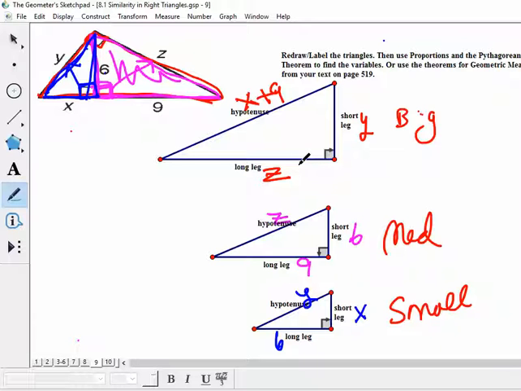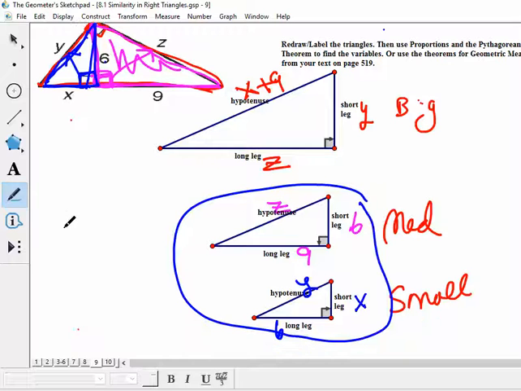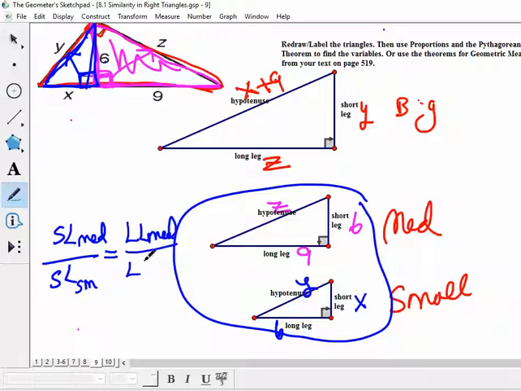And then, let's see, what would I do to find x or y? For x, I would definitely use these two triangles, and I would do short leg of the medium over short leg of the small is equal to the long leg of the medium over the long leg of the small.